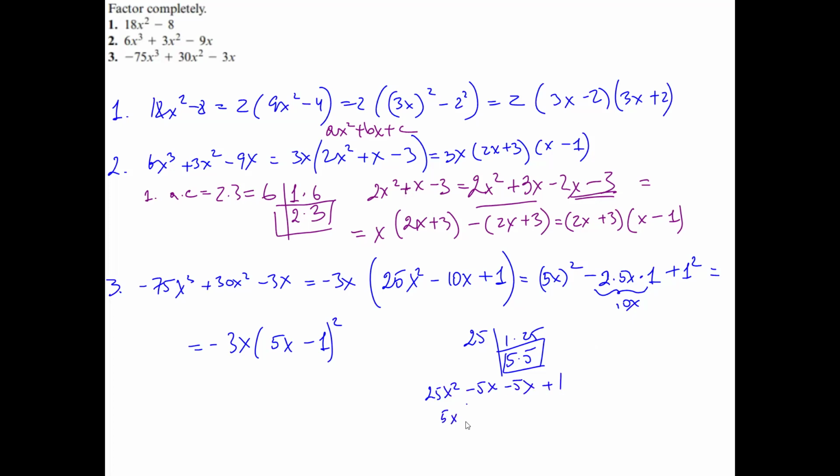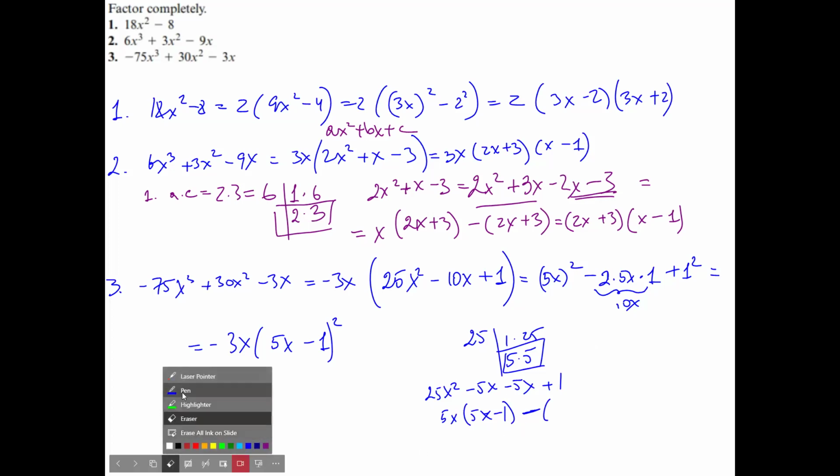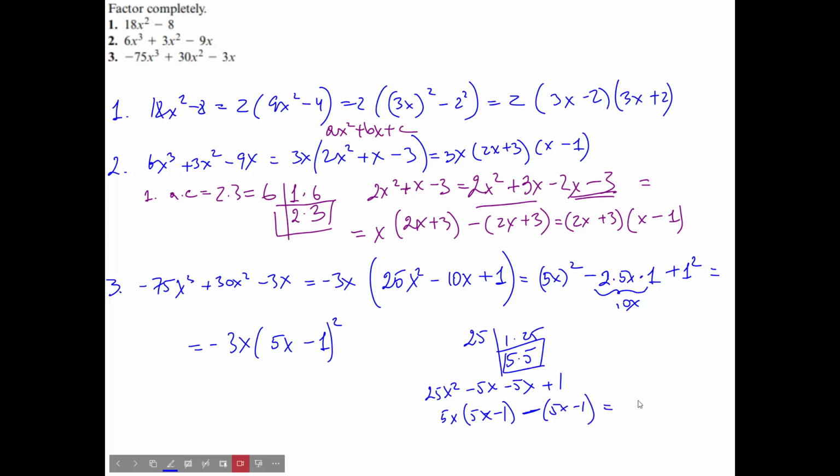So 5x minus 1, and those brackets are not in the right place. 5x minus 1 outside.